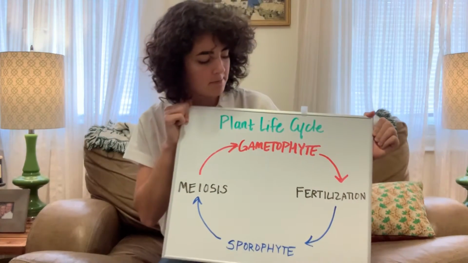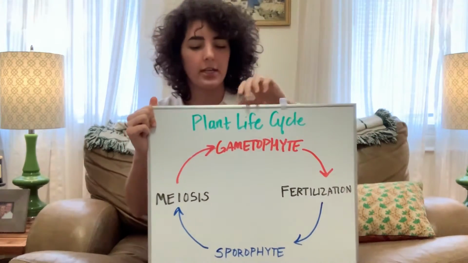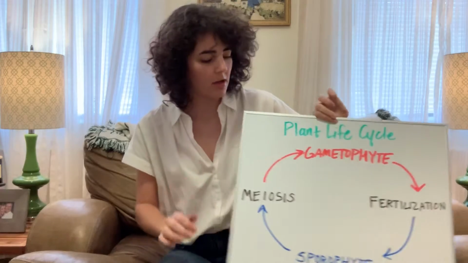So it's pretty simple, but it gets a little more complicated for each plant group that we get into. We talked about ferns, gymnosperms, and angiosperms, the 3 groups of vascular plants, on Friday. And we are going to continue our conversation about their life cycles today.